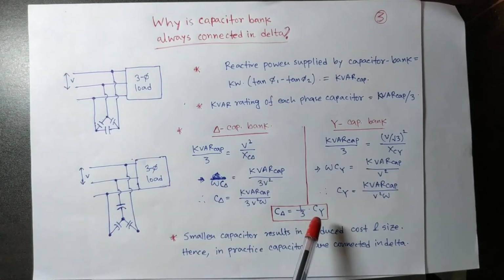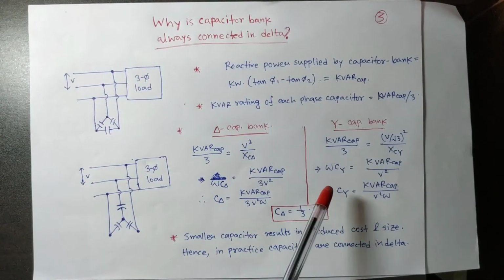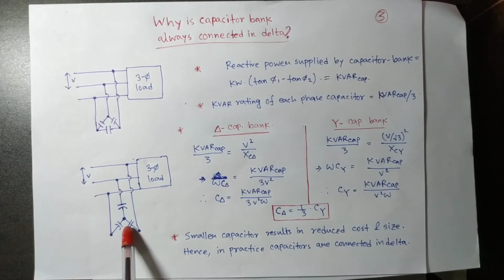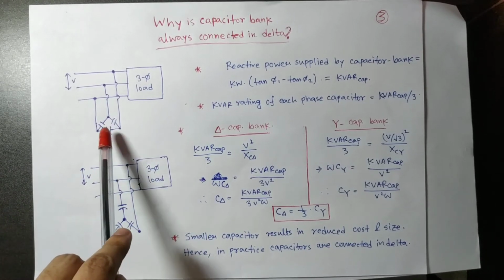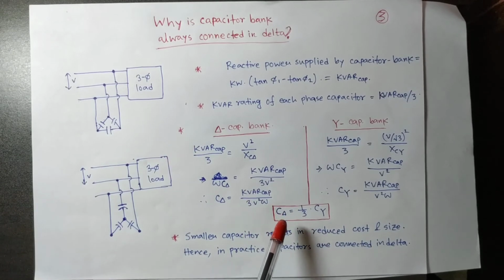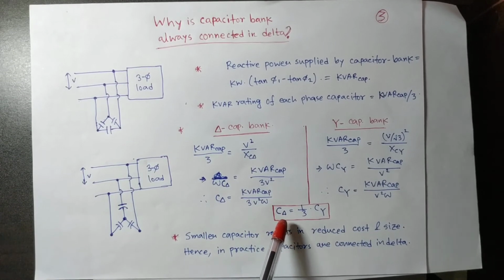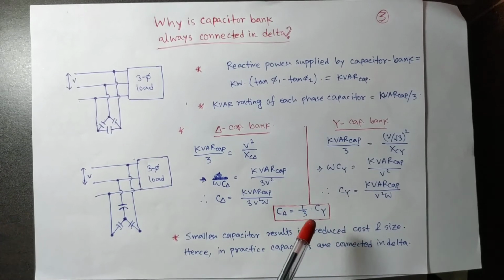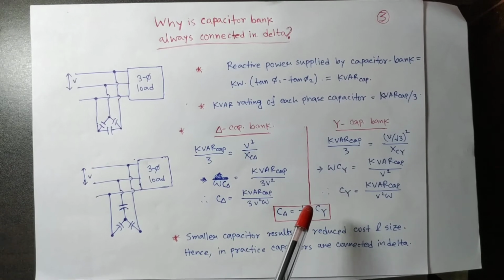So that is the reason, because you can also connect the capacitor bank in star fashion, but it is not economical. In delta fashion you will get a lesser value of capacitor, which results in lesser cost and also lesser size, because a lesser value of capacitor means it will also be less bulky, right?